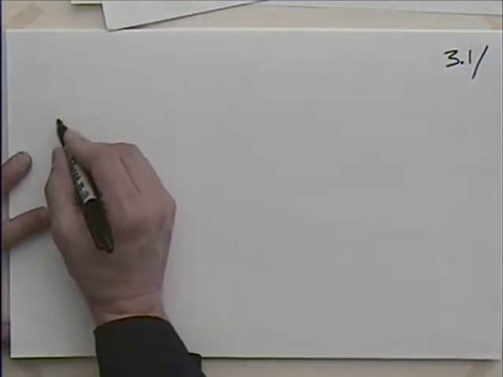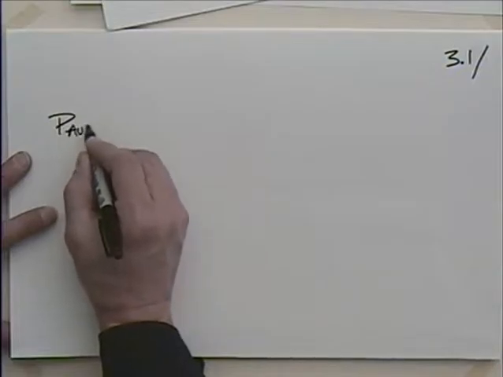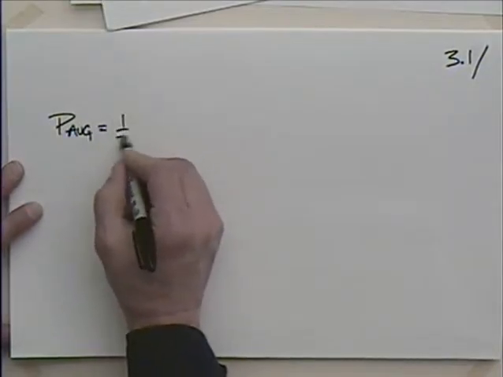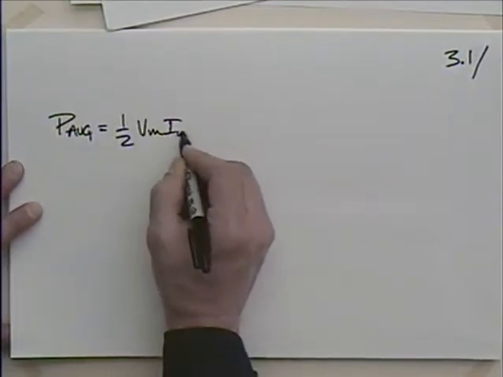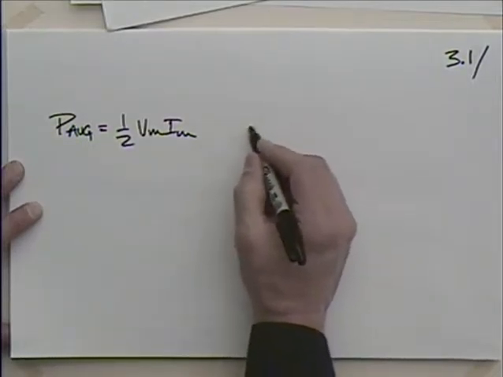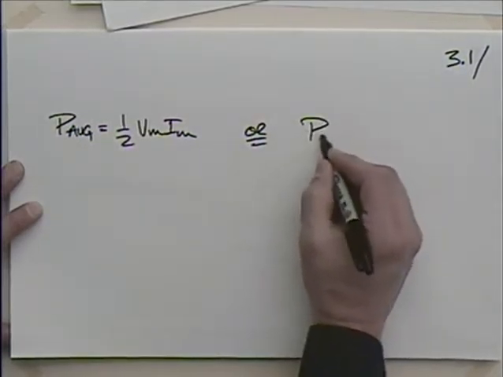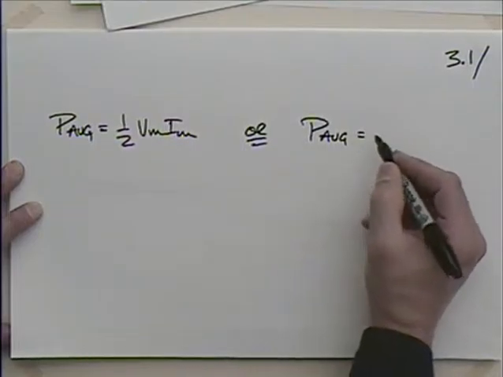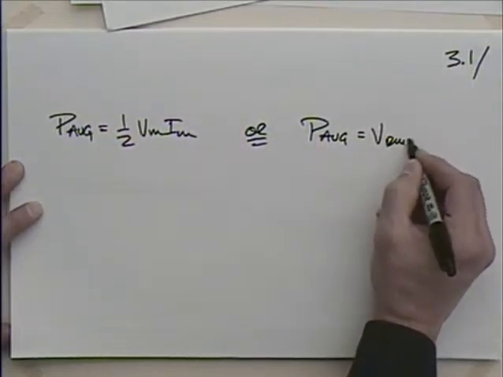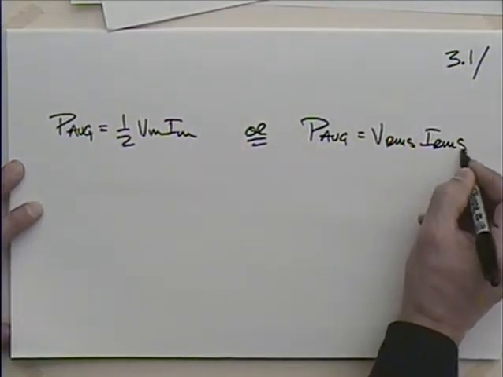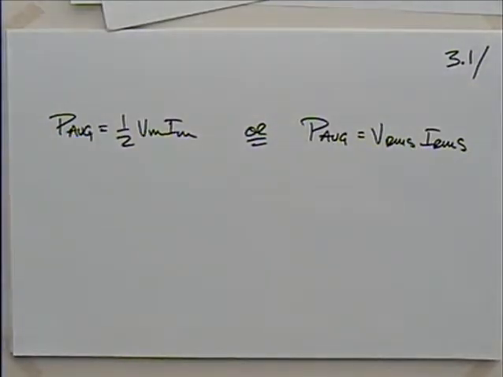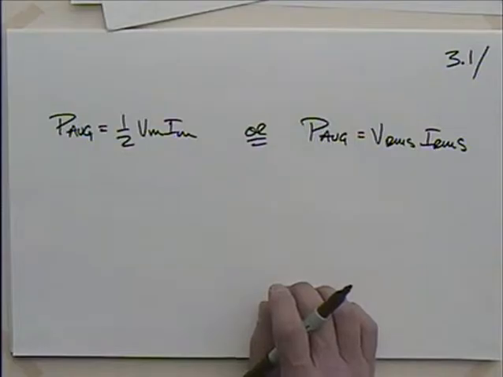So we have very valid equations that the average power is equal to 1/2 V max times I max, or we could say that the average power is equal to what? V RMS times I RMS. Okay. Well, let's see.